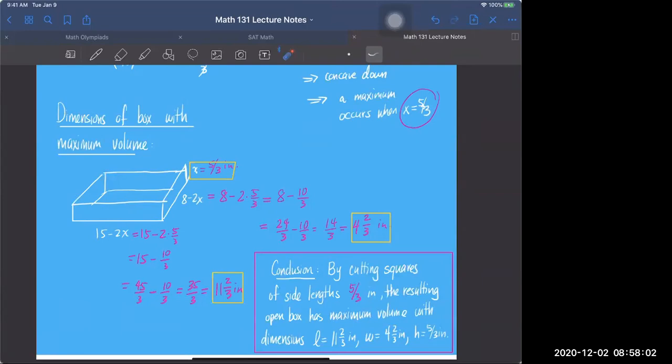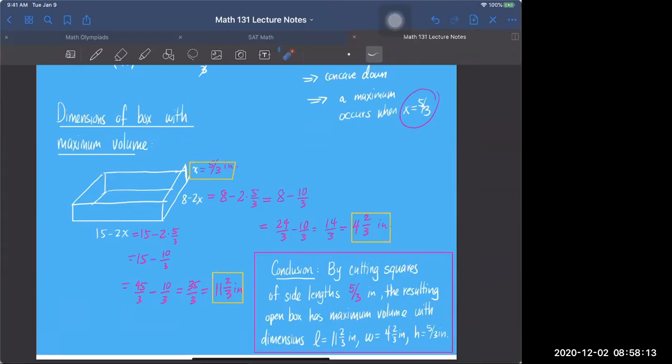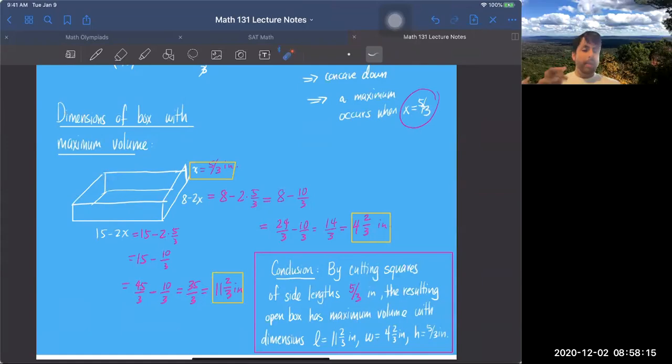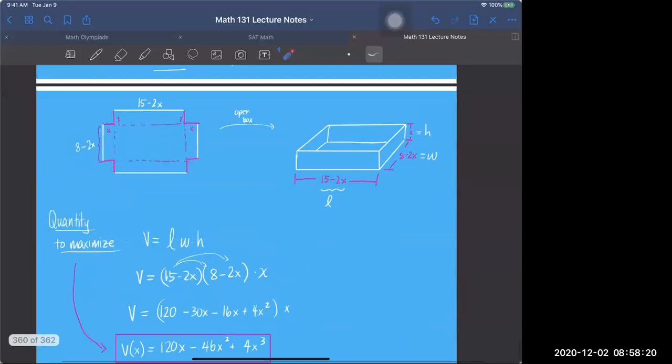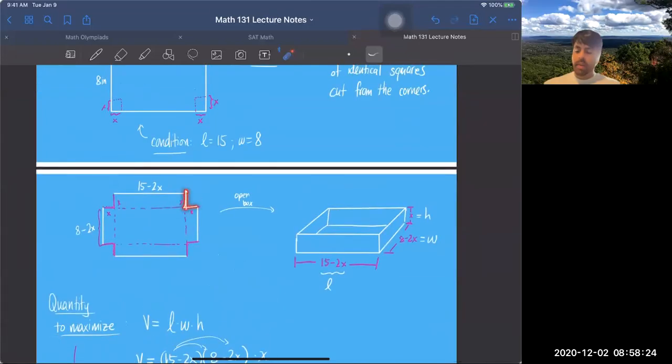So the height is 5/3 inches, right? Because the height of this box comes from the fact that we snip away this x amount, and then when you fold the flaps, you create this box, and this height is exactly what x is.